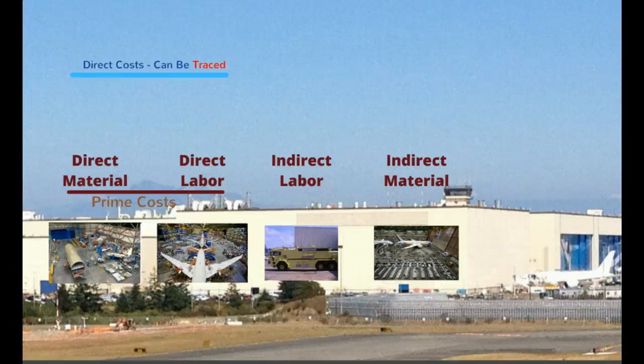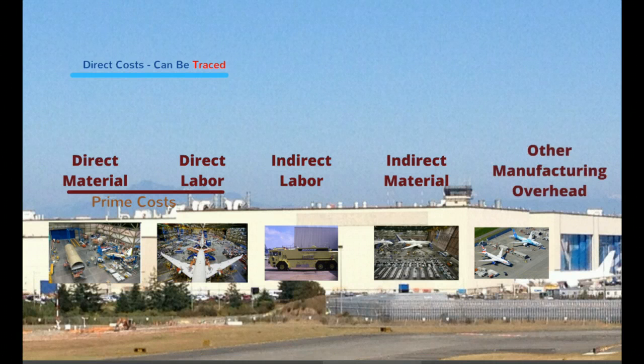So we have indirect labor, we have indirect material, but we have a whole bunch of other costs involved in running this plant. We have a lot of equipment in the plant, and we know that we account for the expense of equipment through depreciation. So we have depreciation of equipment, we have depreciation of the plant itself, we have taxes that have to be paid on the plant. All of this is considered manufacturing overhead, other manufacturing overhead.